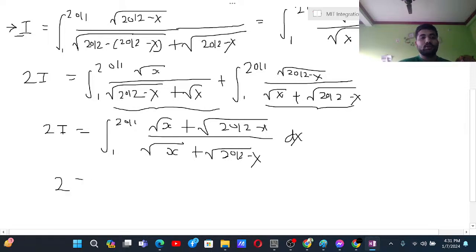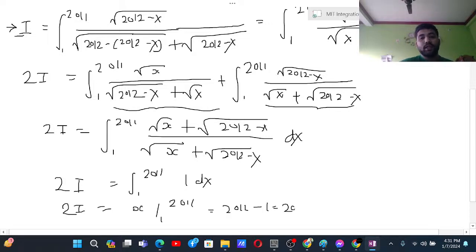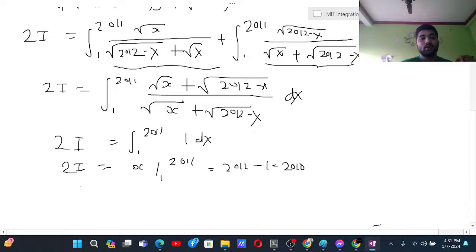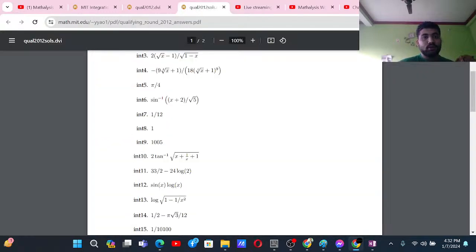This is just the integral from 1 to 2011 of 1 dx. So 2I equals x from 1 to 2011, that's 2011 minus 1, that's 2010. So 2I equals 2010 means that I equals 1005. That's the answer, and you can check this answer, 1005.